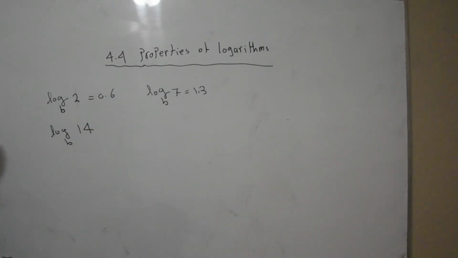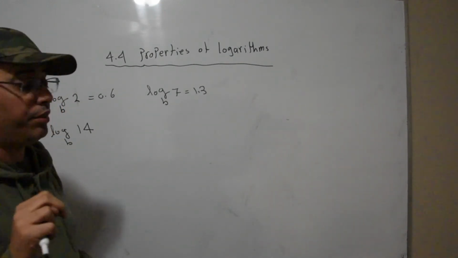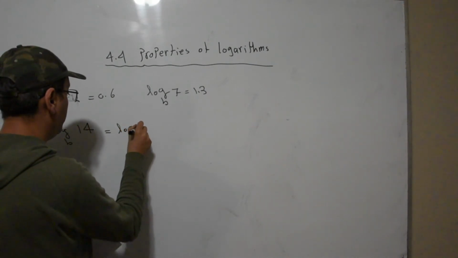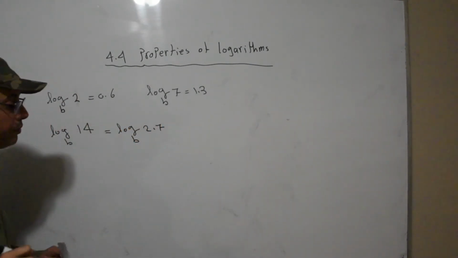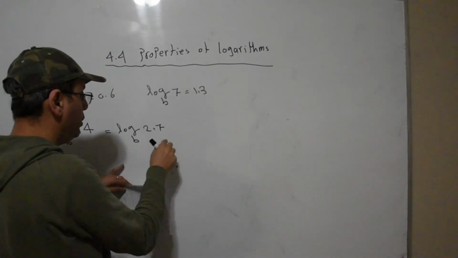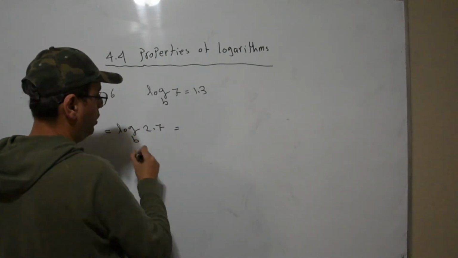So think about 14. Basically 14 is a product of 2 and 7. So I can rewrite this as log base b of 2 times 7. But again, this is a product, so I can expand it into the sum of two logs.